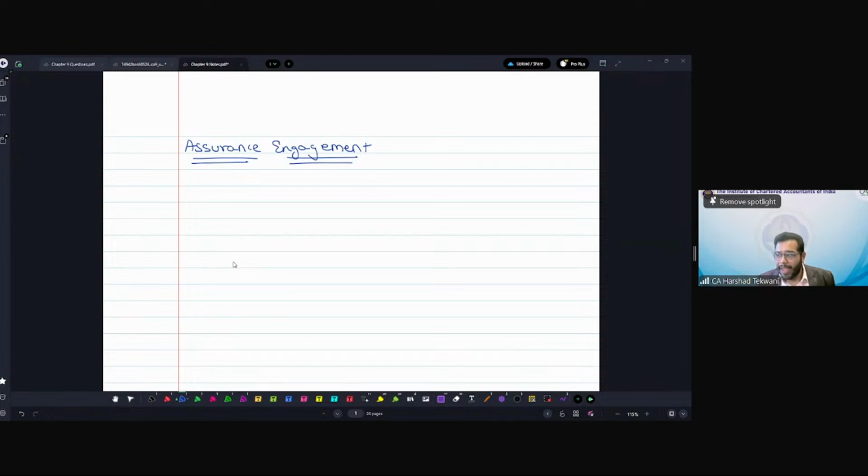Now, when I talk about an assurance engagement, or let's say I talk about an audit, what is an audit? In an audit, the auditor expresses an opinion. Let's take an example of the audit.